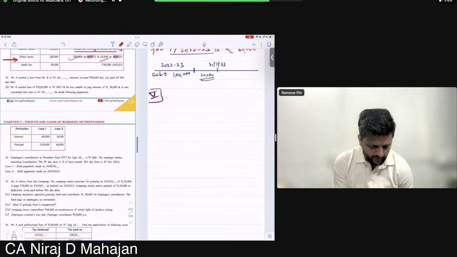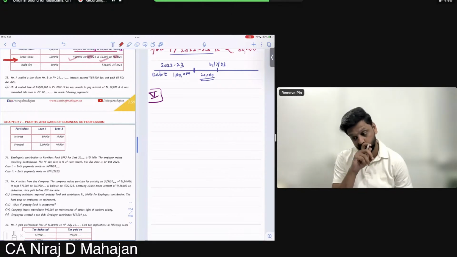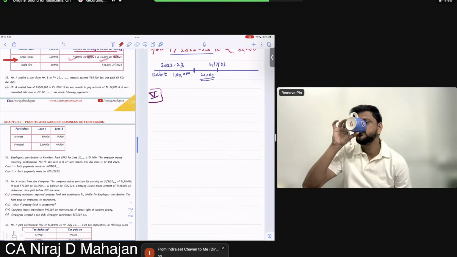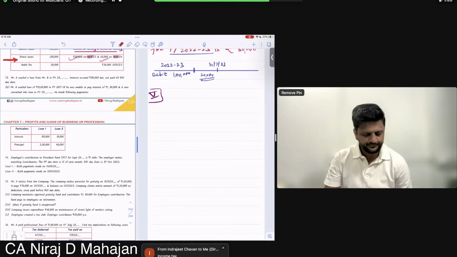Direct taxes is not under 43B. Sorry, it is under 43B, but do we allow its deduction overall? Income tax overall we don't allow as deduction.